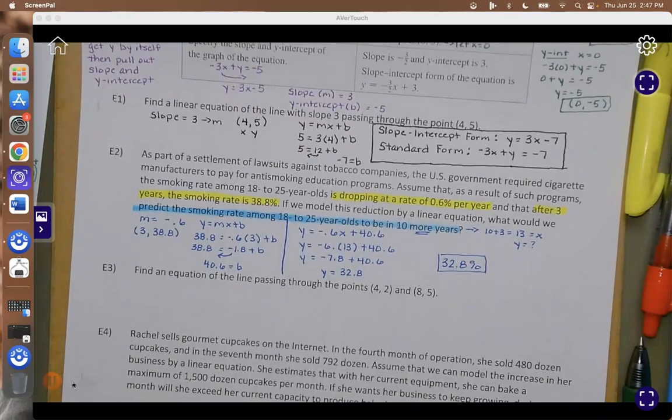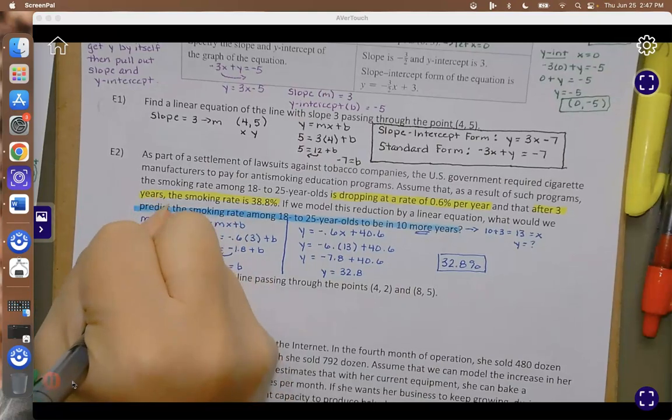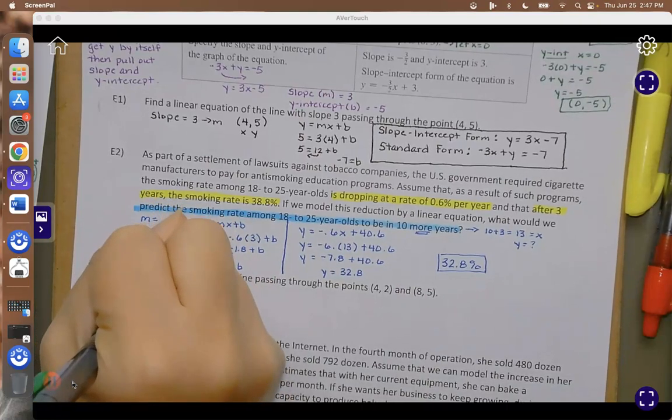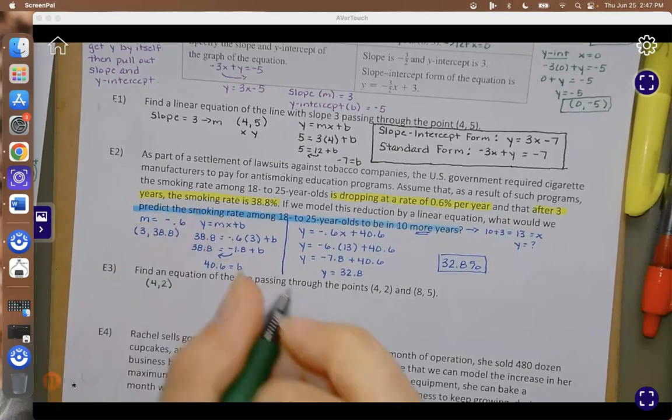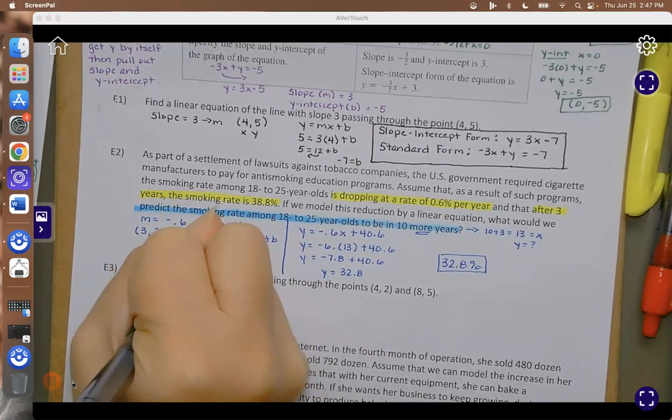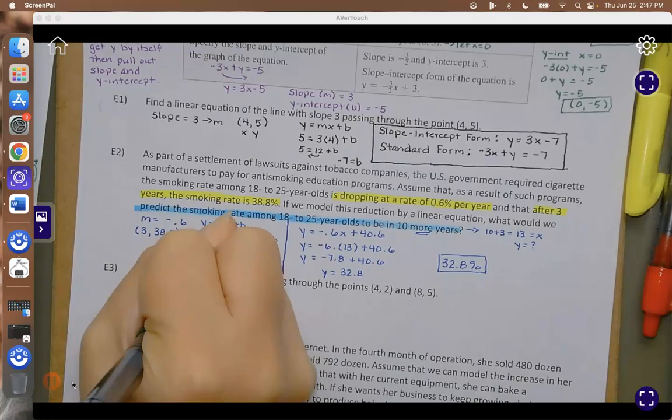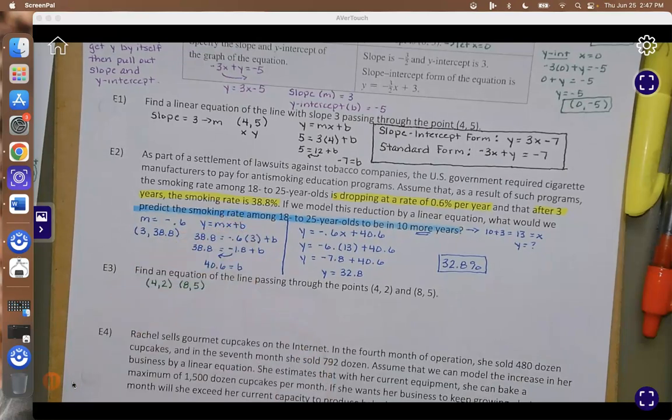Okay, next problem. Find the equation of a line passing through the points (4, 2) and (8, 5). So in the past, they've given me slope and 1 point. This time, they're not giving me a slope. They're giving me 2 points.